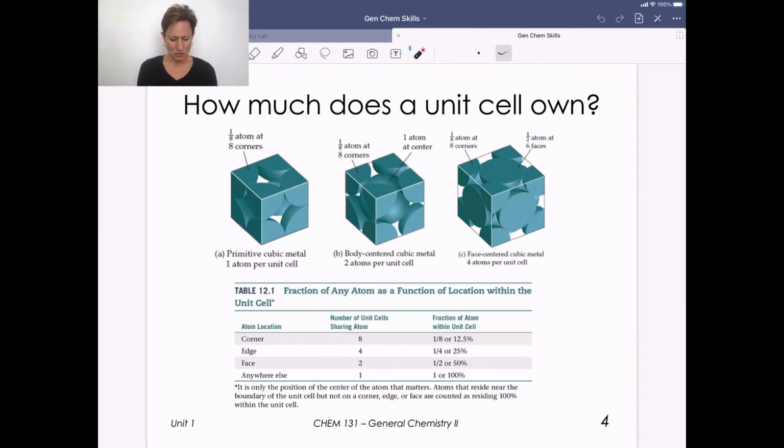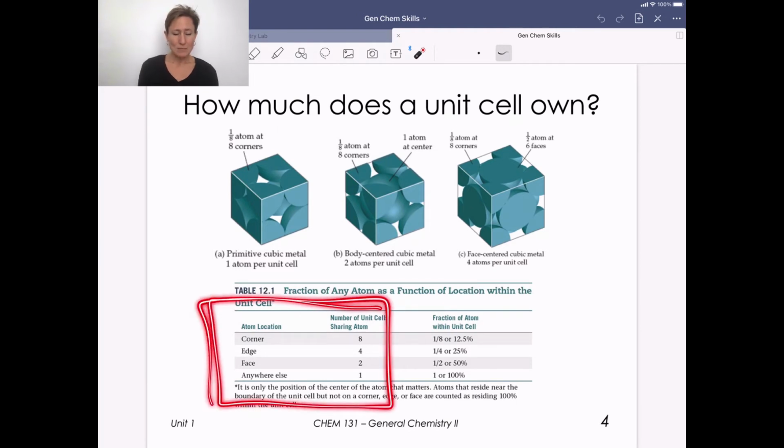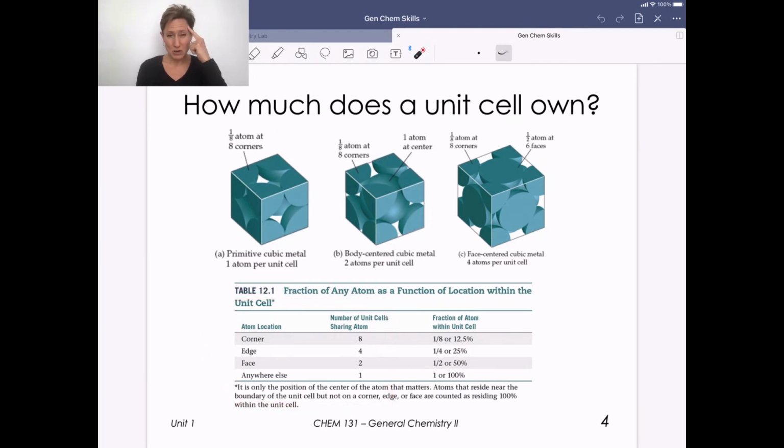And we don't have a picture here, but if you are on the edge, you are owned by 4 cells. Said another way, each unit cell owns 1/4 of it. This is information you want to make sure you have. But if you see these pictures in your head, you'll be able to rationalize and understand. It's either 1, 2, 4, or 8 in terms of the number of unit cells that share that atom.